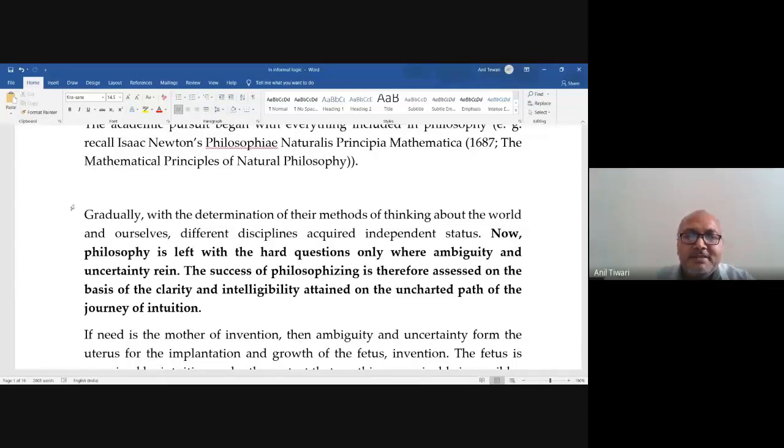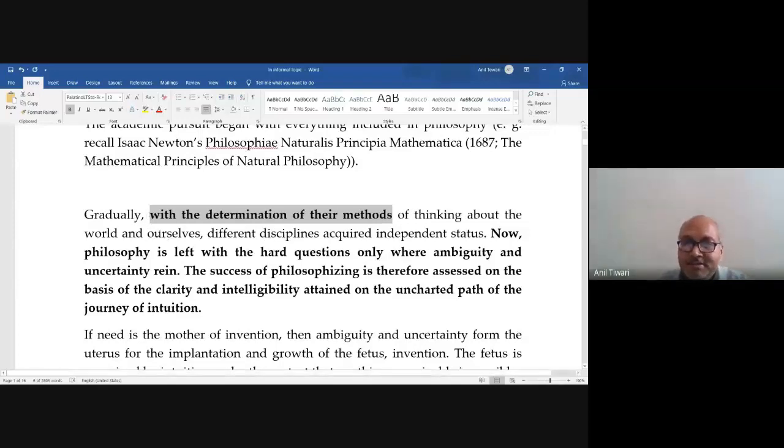So gradually, with the determination of their methods, this I want to highlight, with the determination of different fixed methods, you find the systematization of different studies departing from philosophy. So with the determination of their methods of thinking about the world and ourselves in it, different disciplines acquired independent status from philosophy.